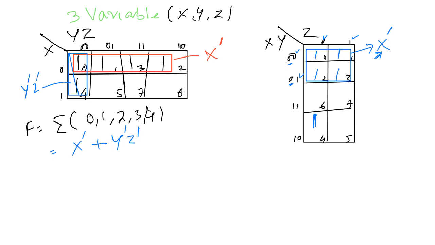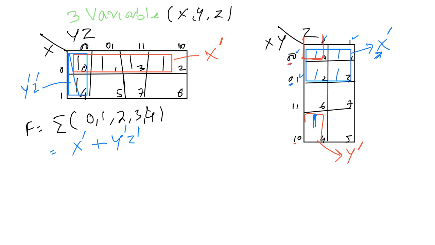Now we are left with this one. So what is the principle? The principle is 2 is better than 1. So here, we will consider this one and these two. It sounds a bit tricky, but be careful. These, the top and bottom. Now, how can we write it? You see, x value is 0 and 1, so we'll neglect it. Y value is 0, 0, so we'll write y dash.